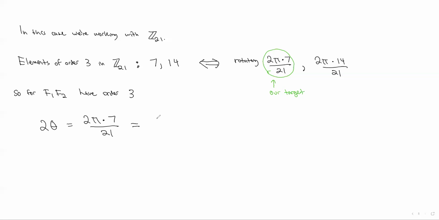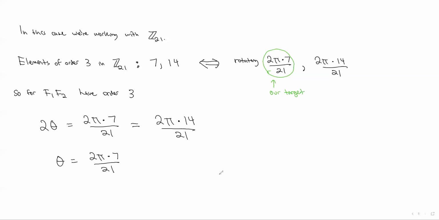I can rewrite this as 2 pi times 14 over 21. And then I'll get theta equals 2 pi times 7 over 21.